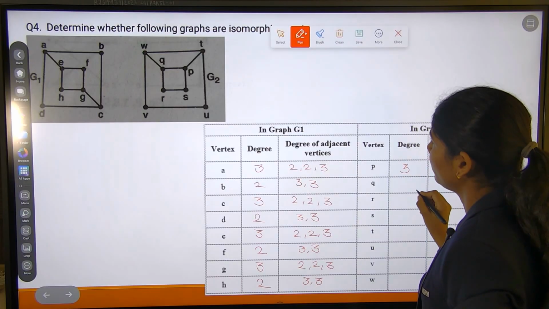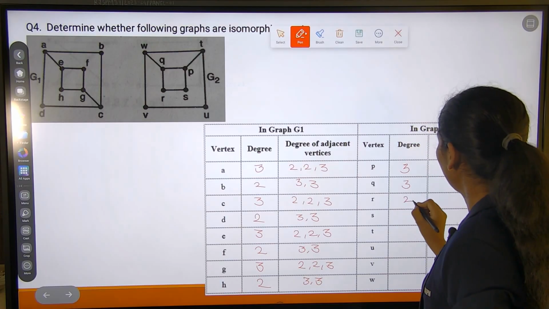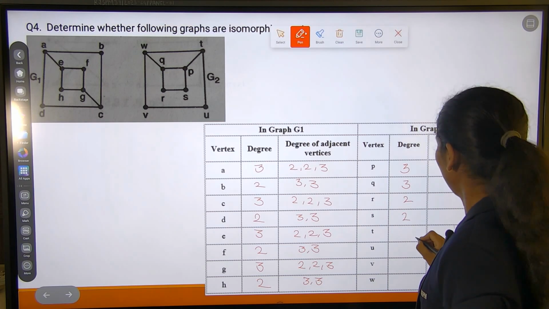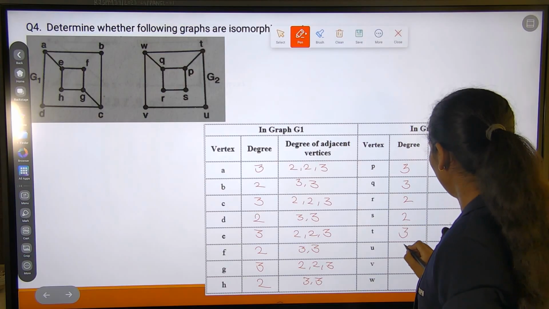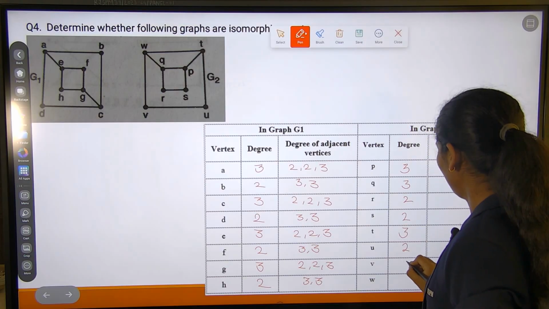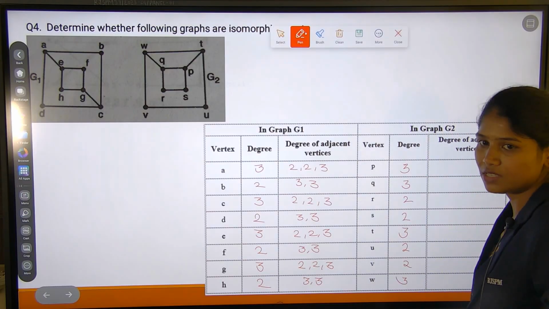Q again having degree 3, R 2, S 2, T 3, 2, 2 and 3. So check the degree sequence.